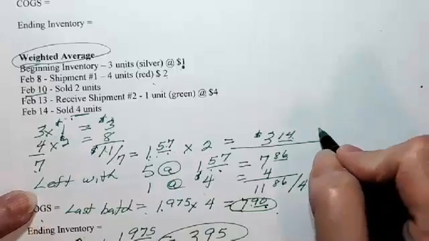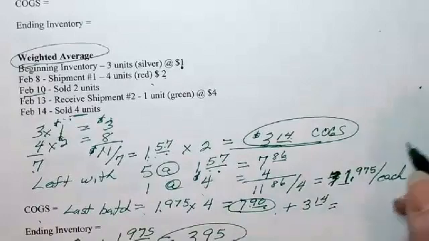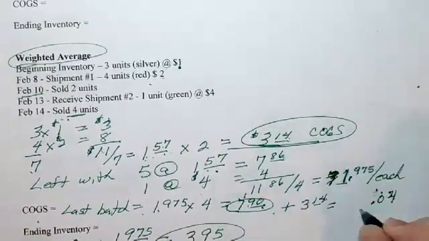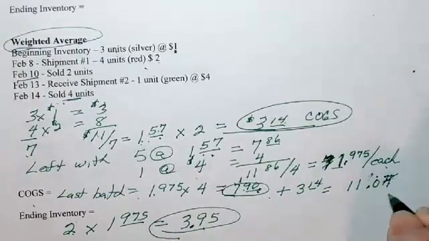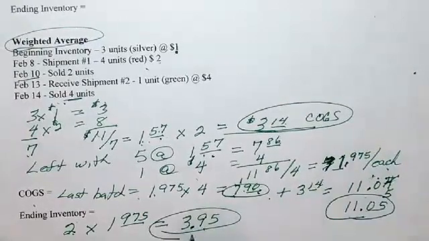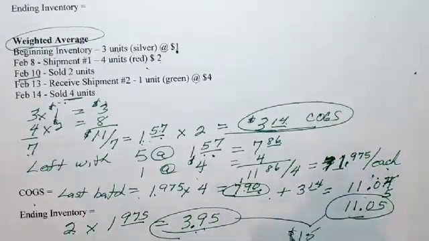And my total cost of goods sold is, so I got 11.04. So I'm going to make this 11.05 because you've got to make it total to your 15 plus the 3.95. Again, I've got my $15 all accounted for.